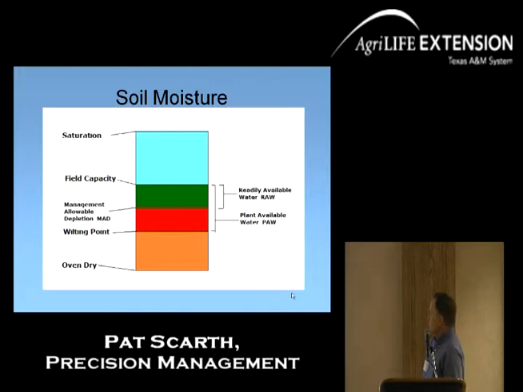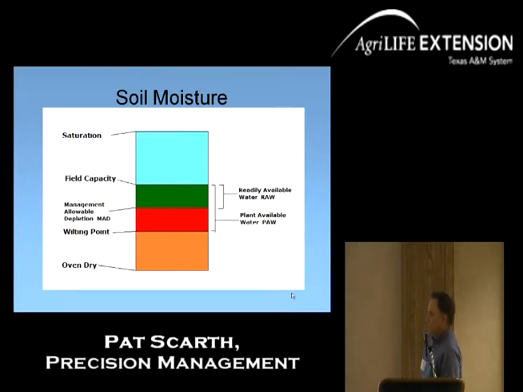But only about half of that is readily available. It depends on the soil type and the crop. That readily available water, we call the management allowable depletion.